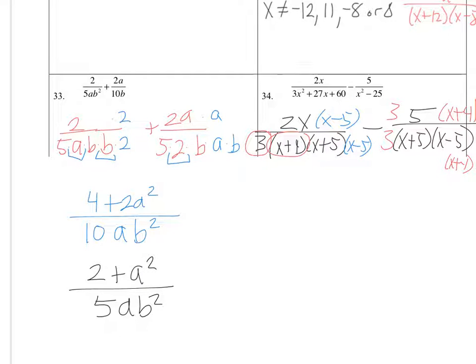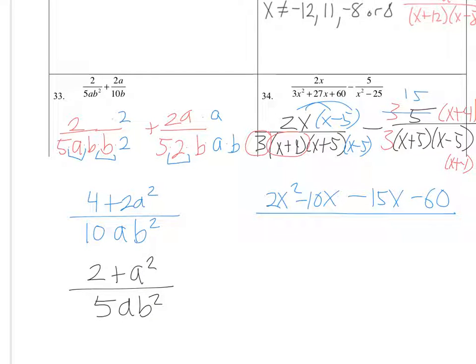Okay, now that my denominators are the same, I'm going to combine some things as much as I can. Do some distribution. We get 2x squared minus 10x, minus 3 times 5 times x, that's 15x, and then minus 15 times 4 is 60.